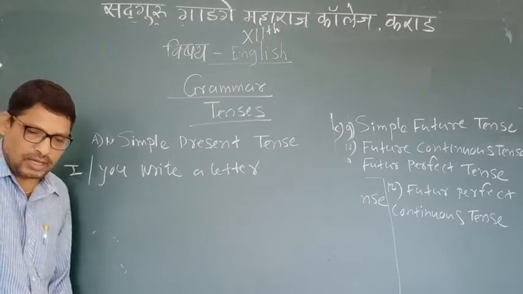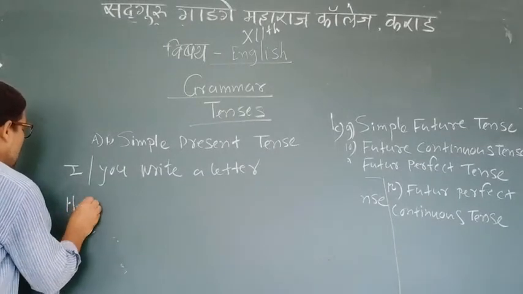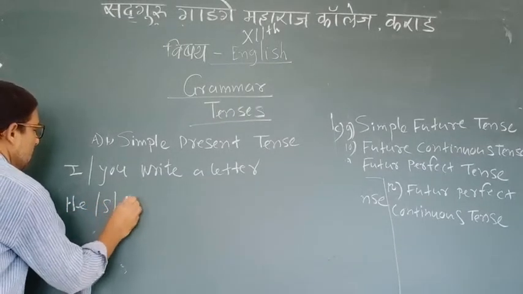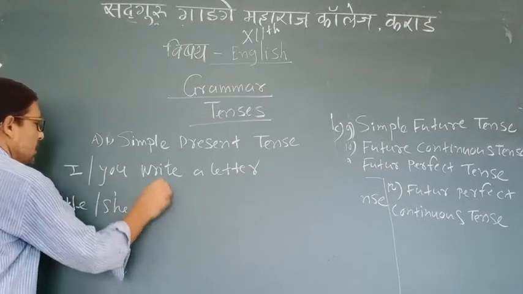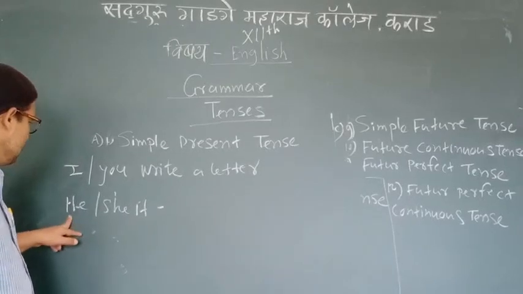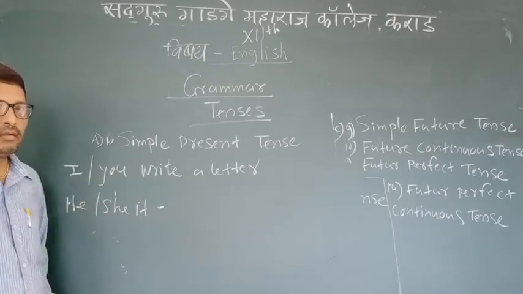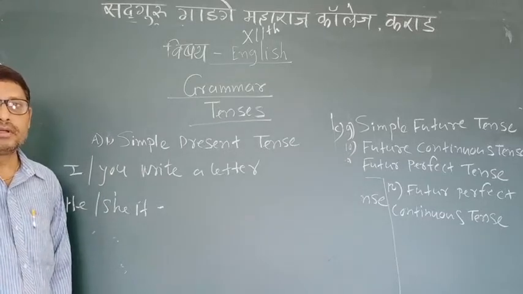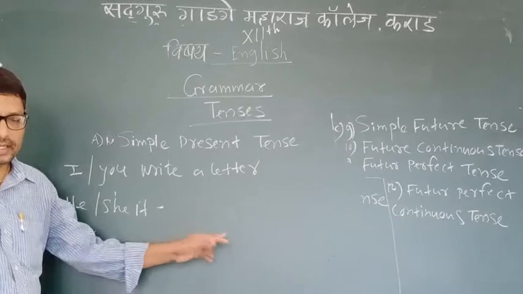If we use another subject like he, she, or it, then the sentence is slightly different. When you use he, she, it as the subject, then the verb sometimes takes s or es.